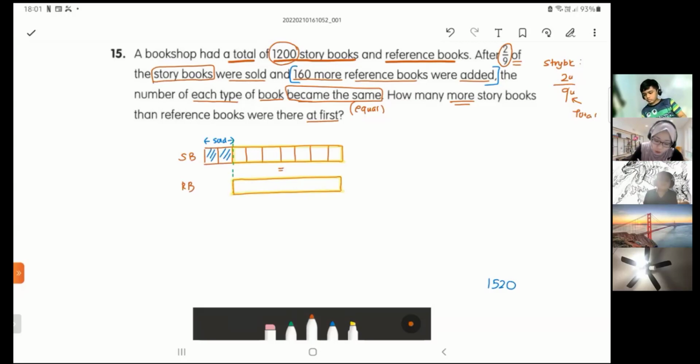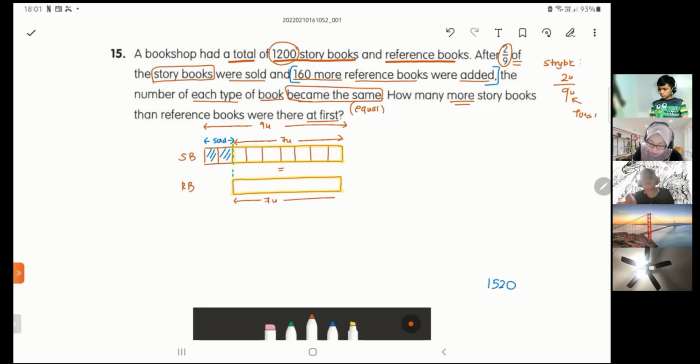So you know that the storybook has a total of 9 units. But the leftover after sold is 7 units, right? Which means over here is also 7 units. But this 7 units is only possible after I have added 160 more.